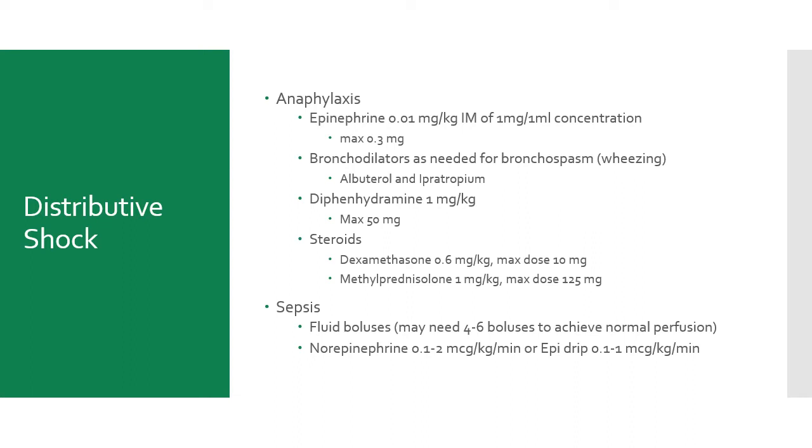For anaphylaxis, though, we're going to treat the anaphylactic shock with epinephrine, 0.01 milligrams per kilogram IM of the 1 milligram per milliliter concentration, and that has a max dose of 0.3 milligrams for a child. You want to use the vastus lateralis or rectus femoris, so the mid-anterior lateral thigh muscle, for all of your rescue medications.